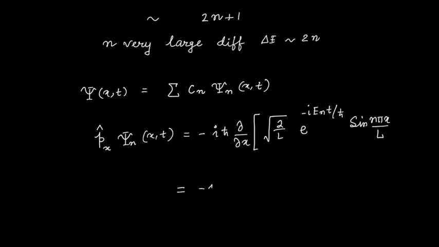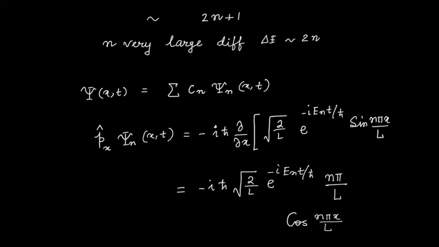It will give me minus i h cross root 2 by L e to the minus i En t by h cross. And for sine n pi x by L, if I do one derivative, I will get n pi by L, but then cos of n pi x by L.